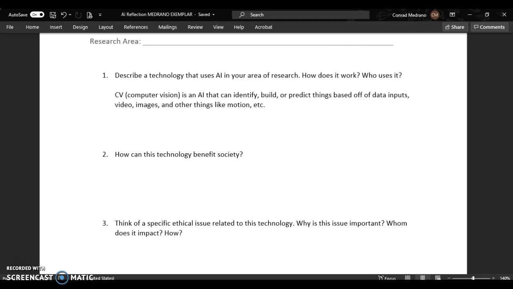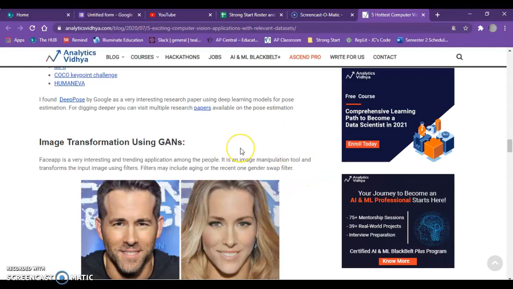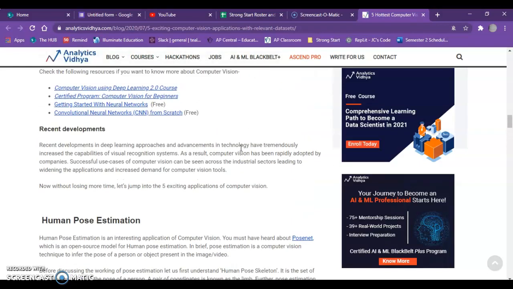Simple. You literally could have gotten that from this article because it talks about what it does.